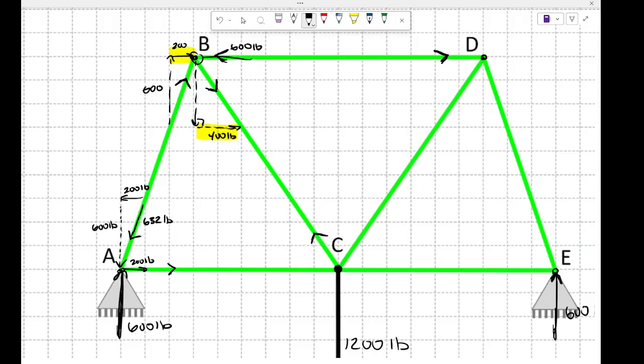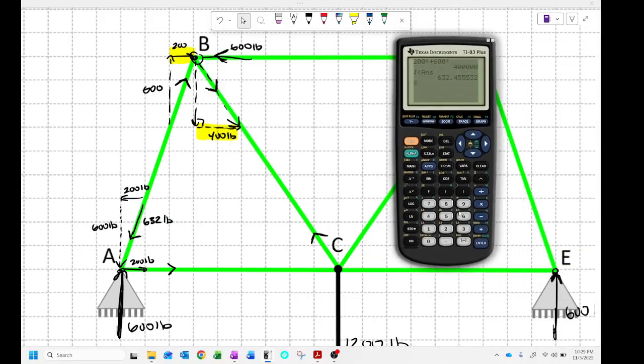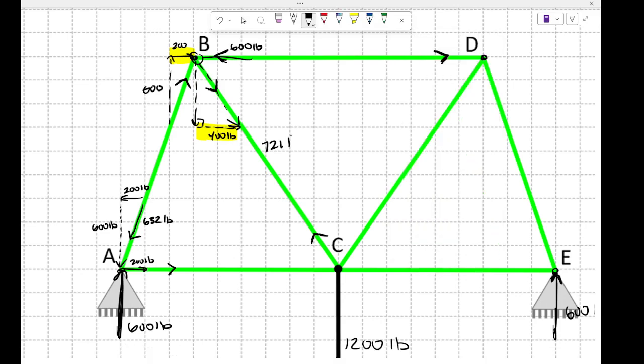And the amount of pulling is going to be equal to whatever this force is from B, and we can use Pythagorean theorem again. And this time we have a leg of 600, and we have a leg of 400 in BC. So if I take 600 squared and 400 squared and take the square root, I get 721 pounds as the force that's in BC, right?